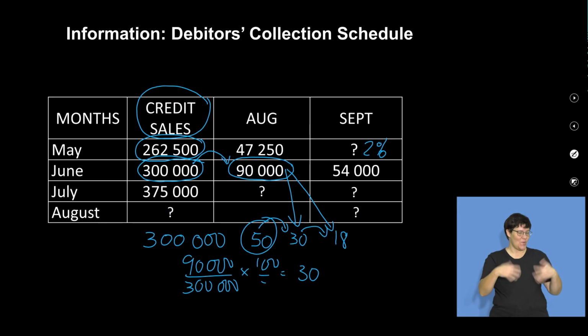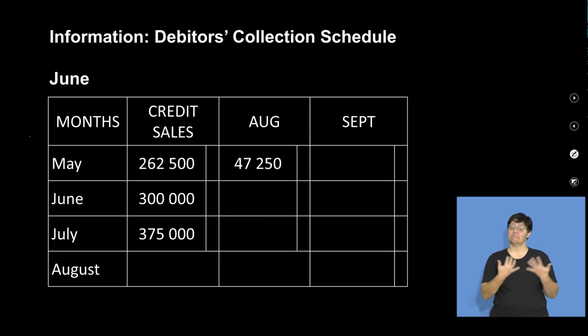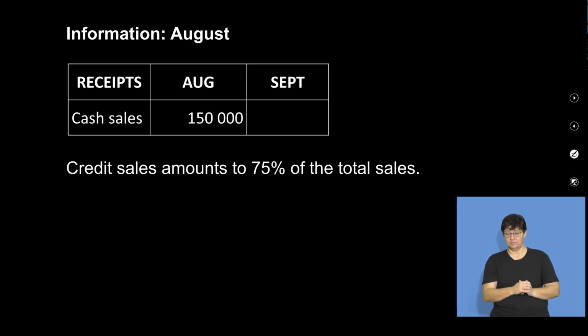Okay, here we go. So now it's very simple. You're going to take your June figures, right? And you're going to calculate the impact on August and on September. And here you can clearly see that this is just information regarding your receipts.